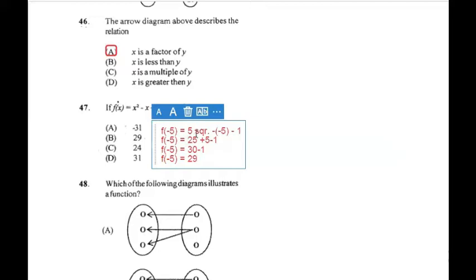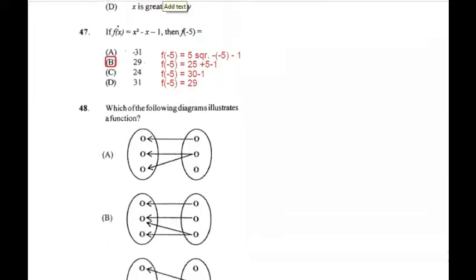So it's equal to 25, a negative times a negative is a positive, so it becomes plus 5 minus 1. 25 plus 5 gives you 30, minus 1 gives us 29. So for 47, B is our answer.